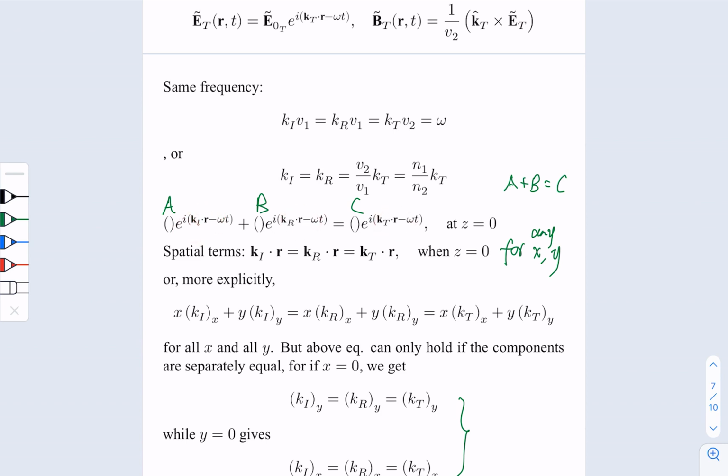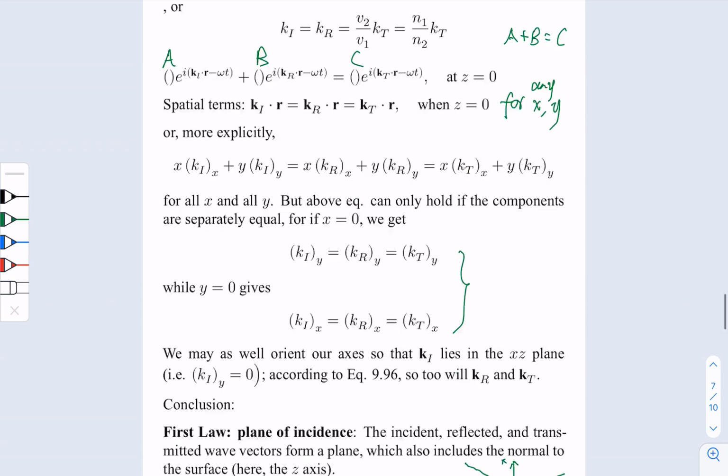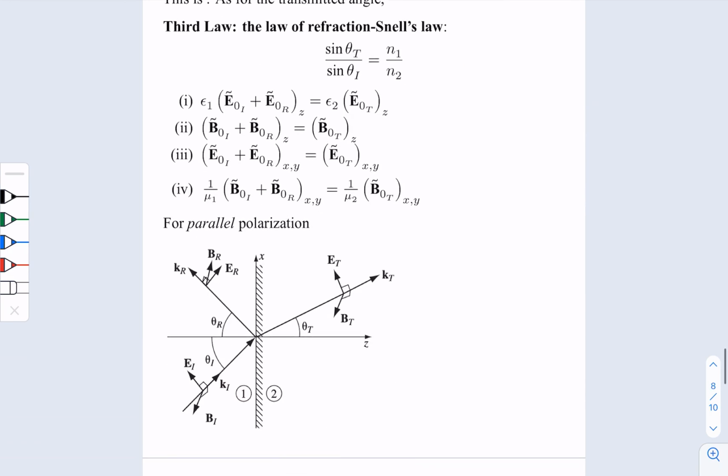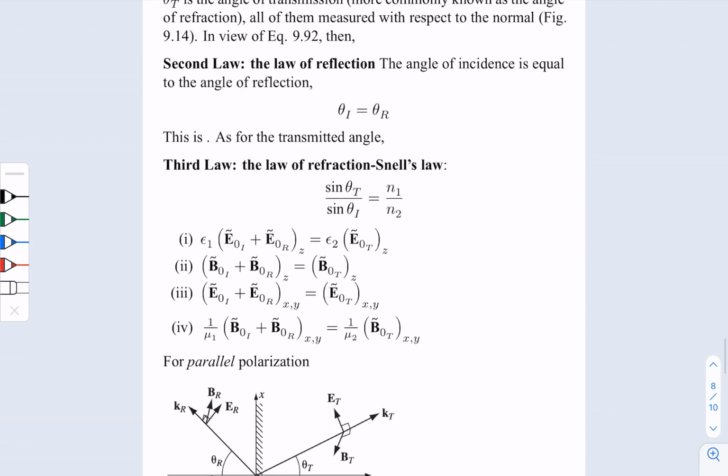We haven't actually derived how the coefficients in front should be equal to each other, and we already obtained quite a lot of information. Actually, all the information that we needed for this geometrical optics.